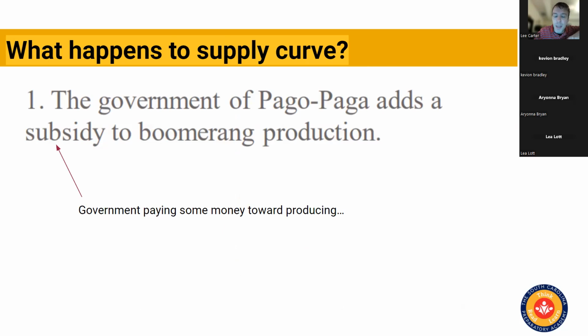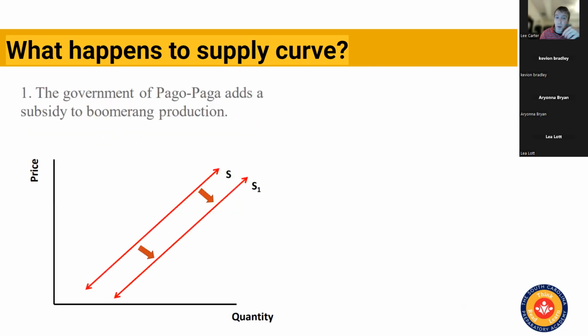Subsidies mean the government's paying some money towards producing something. What's going to happen to supply? Well, that encourages people to produce it more, so the supply curve is going to move right.